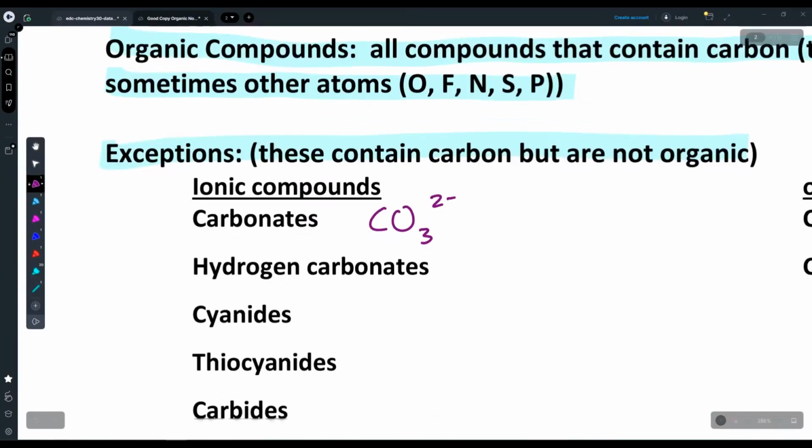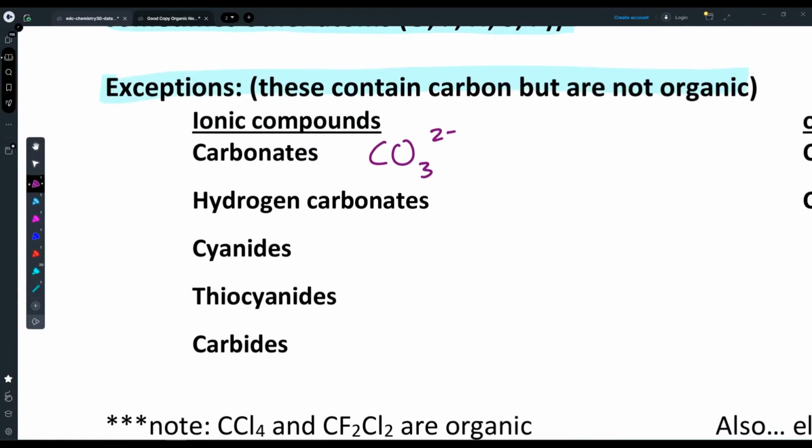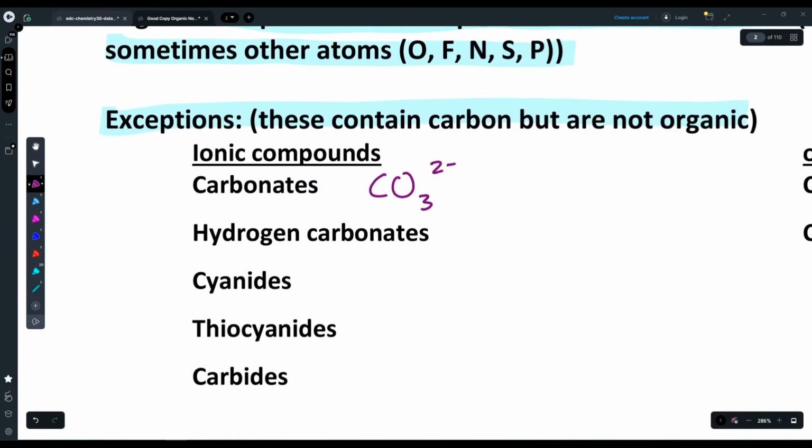All of these mentioned under ionic compounds are going to be found in the periodic table. So hydrogen carbonates, that's just HCO3, 1-. Cyanide ions, CN, 1-.